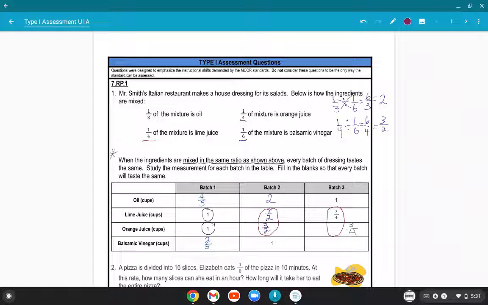And notice these math problems are very predictable. We had to start off by dividing by 1/4 for batch 1. Then we had to divide by 1/6 for batch 2. Now we're going to divide by 1/3 for batch 3.